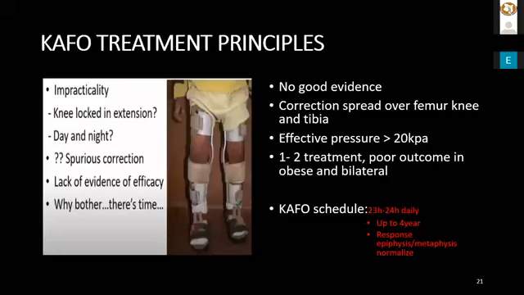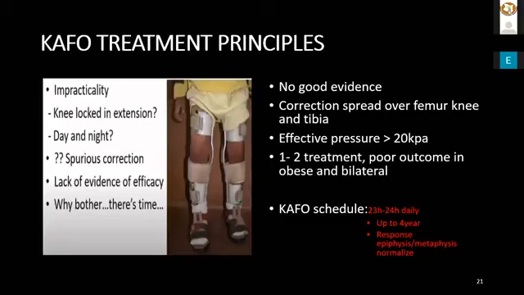KAFO. The problem with KAFO is that up to now we have no good evidence of its usefulness. The children who are obese, bilateral, or older usually are uncomfortable in KAFO. The other problem is the splint's corrective force.